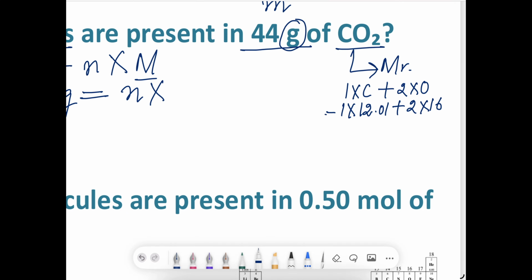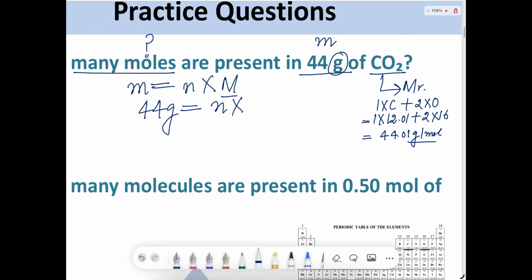So you're gonna solve it. 32. So you get 44.01 grams per mole, because this is the mass of 1 mole. Plug in the value of molar mass.